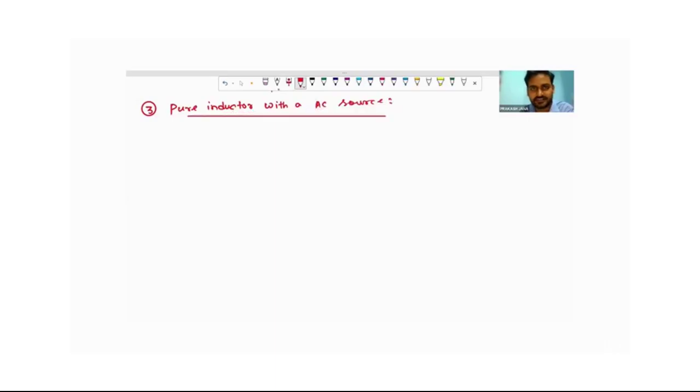So what will be the case here? This is an inductor, and it will be connected with an AC source. Let's say the AC source is V equals V naught sine omega t, and the inductance is L here.